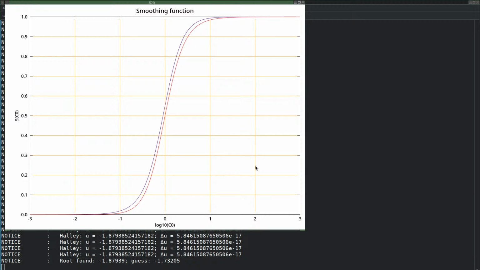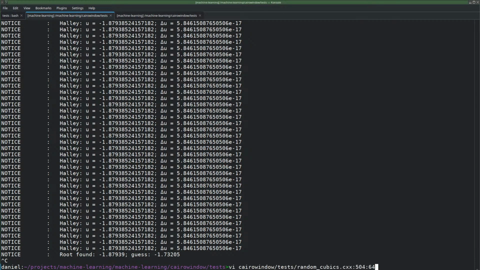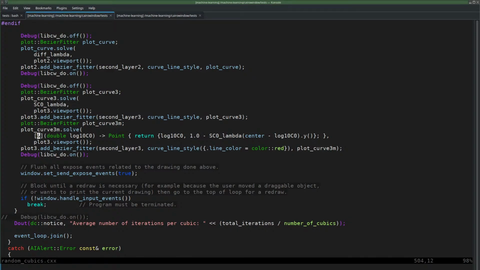Oh, I think I get it. Yeah. What I want is 2 times center minus that, I think. So at the moment that this equals center, you must pass center.